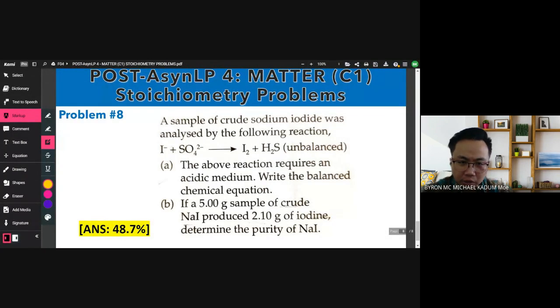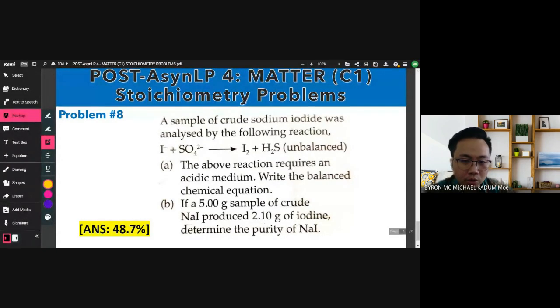Dan soalan bagi tahu sudah, ini tidak balance. So, bila tidak balance, apa kita perlu buat? Dan dia bagi clue lagi. Problem 8a, the above reaction requires an acidic medium. Write the balance equation.